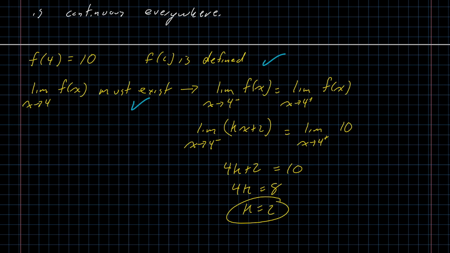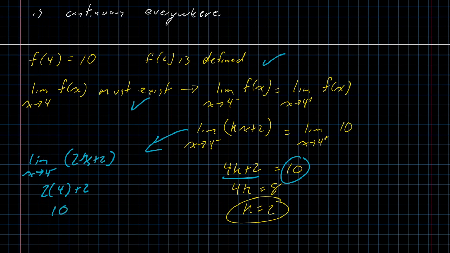Well, we already know on the right-hand side we get 10. On the left-hand side we get 4k plus 2. But now that we've picked our value of k, the limit as x approaches 4 from the left of f of x, well, if k is 2, it's going to be 2x plus 2. So 2 times 4 plus 2, which is 10, which is the same thing we get on the right.